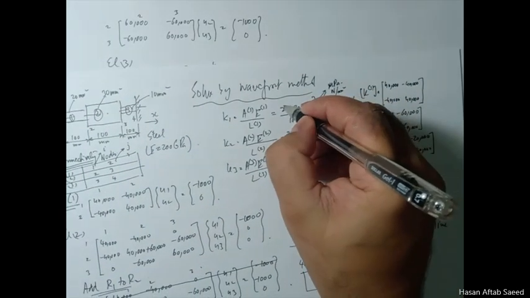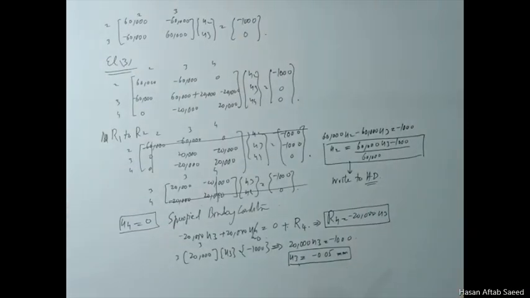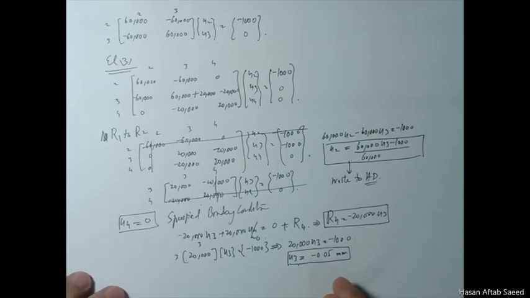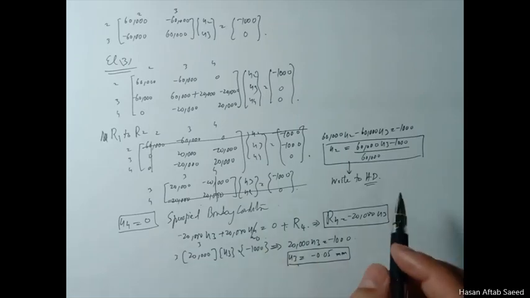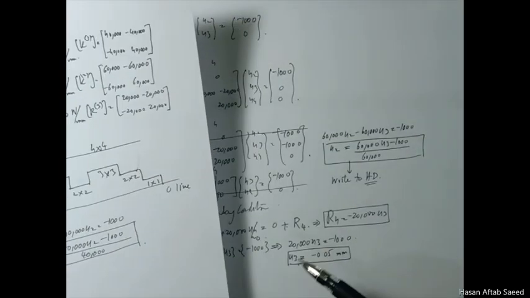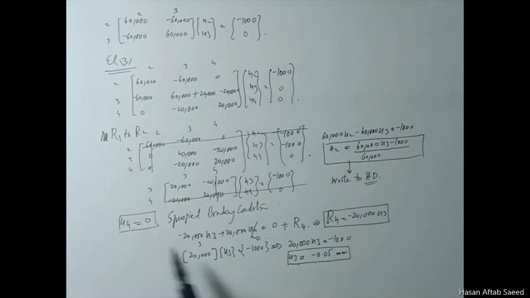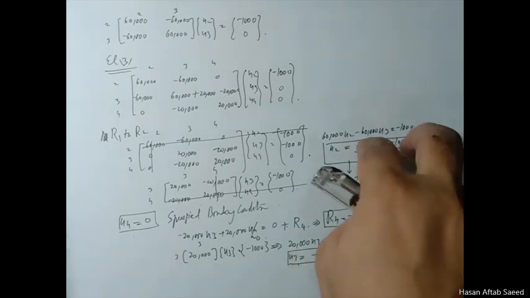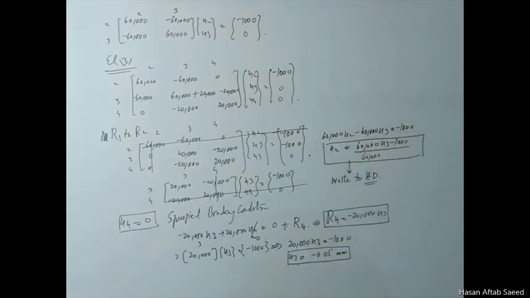If we maintain this sort of system, then we can be sure that our displacements are in millimeters. u3 turns out to be minus 0.05, and then you back substitute to get the u2 value and u1 value. This is what we meant by back substitution. u4 is already known, u3 calculated, and then you just plug in the values.